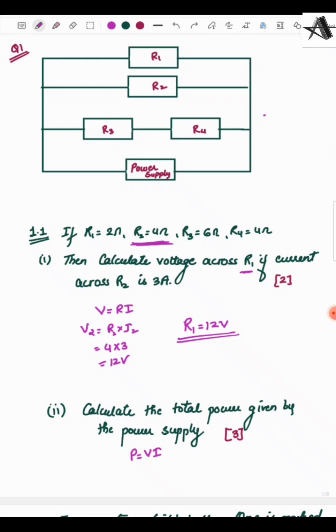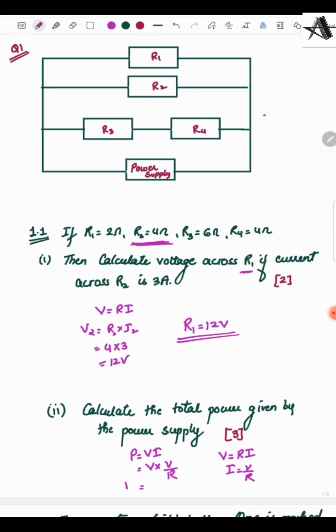Because we don't know the current, I can apply Ohm's law, V is equal to IR, so I is equal to V over R. In place of I, I can write V over R.